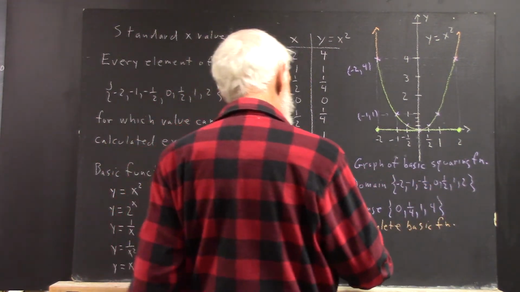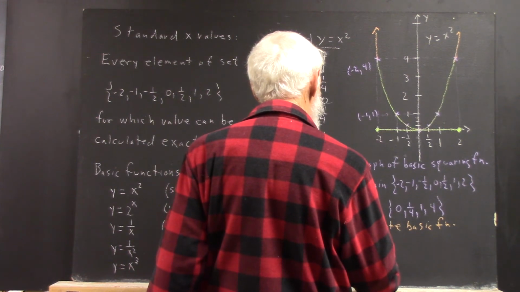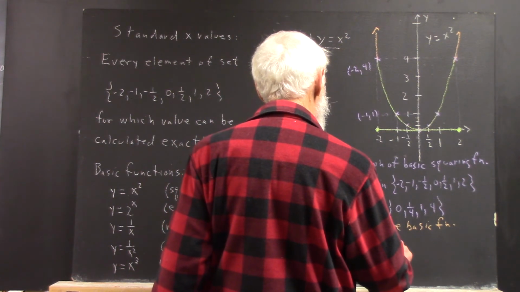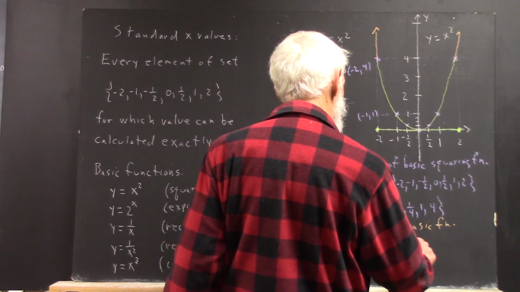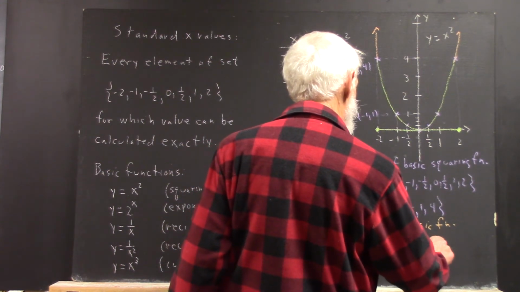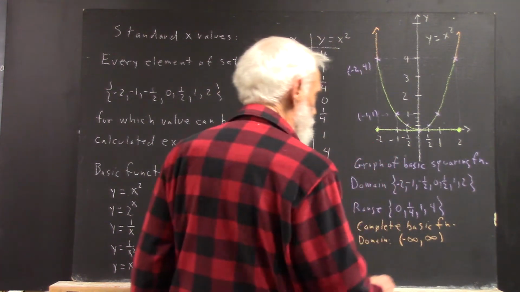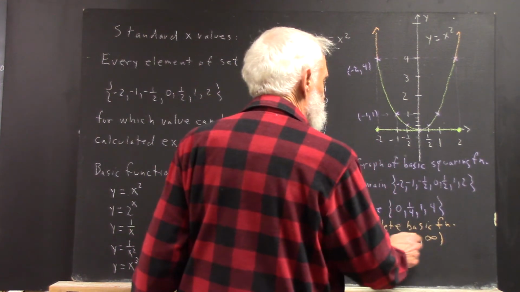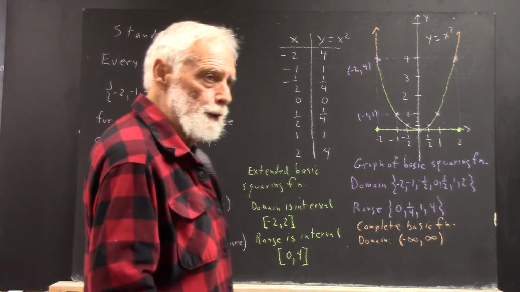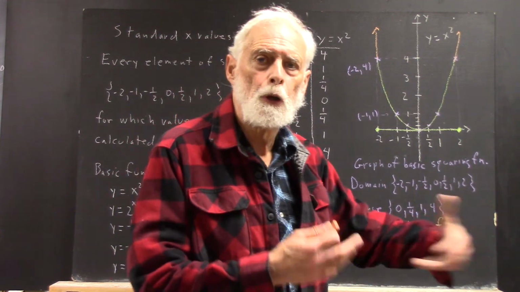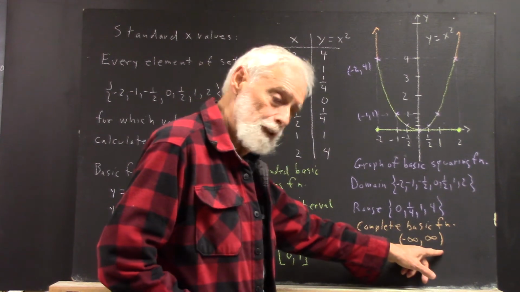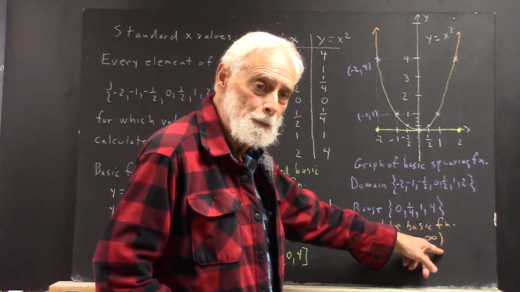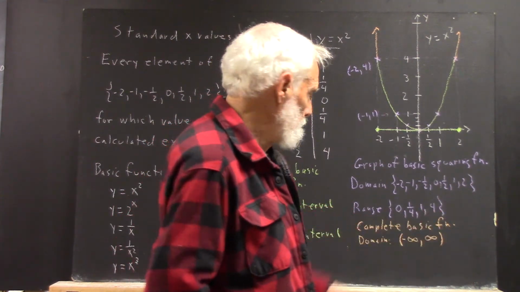So the complete basic function, the domain, is the interval from negative infinity to infinity. And this is an open interval because infinity isn't a number. Infinity is just something you keep approaching. You never get there, so you can't have infinity as an endpoint. So it's not a closed interval, it's an open interval.